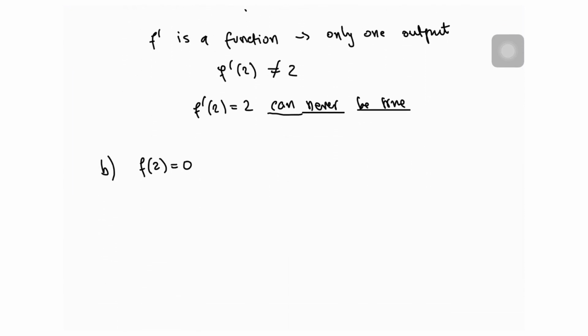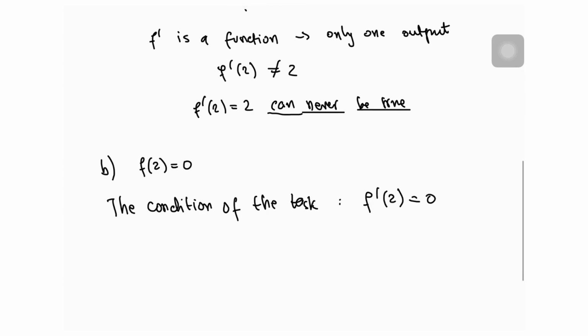So the idea here would be again to see if we can find a function for which f of 2 equals 0 and f prime of 2 is equal to 0 as well. Because remember, the condition of the task says f prime of 2 equals 0.